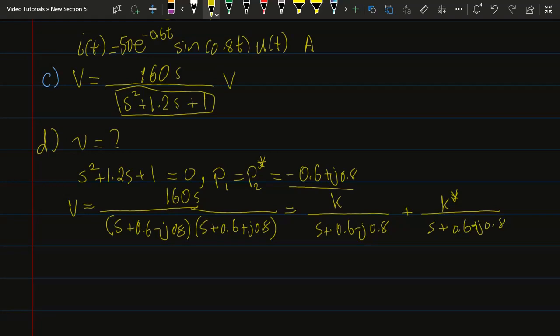And now I want to find K and K conjugate. Well, finding K conjugate is not difficult if you have K, but to find K we will use the cover up method. So we will cover up this factor in here. This factor will be covered up.